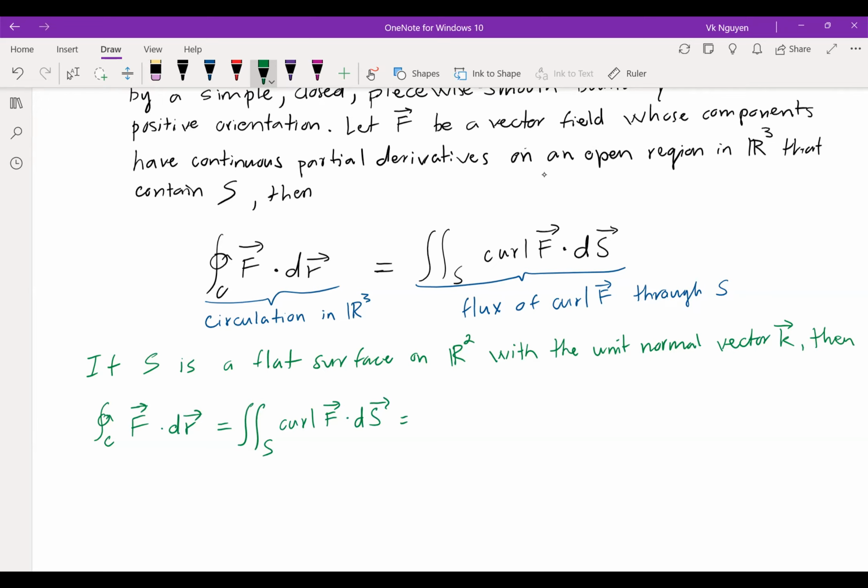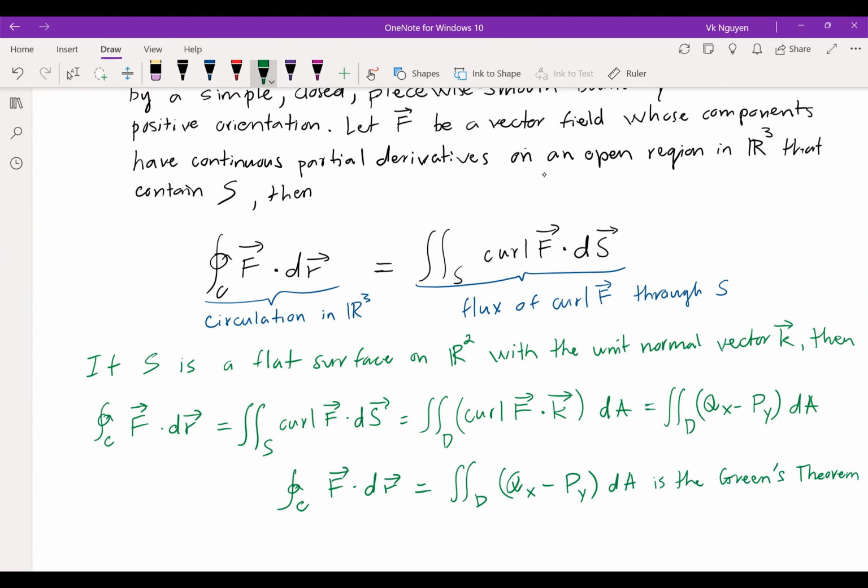Well, the unit normal vector is k, so this is going to be a double integral of curl F dot k dA, over some region D. We know that curl F dot k is just Q_x minus P_y, so it is the double integral over the region D of Q_x minus P_y dA.